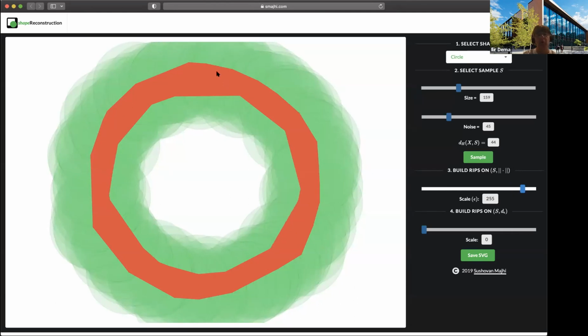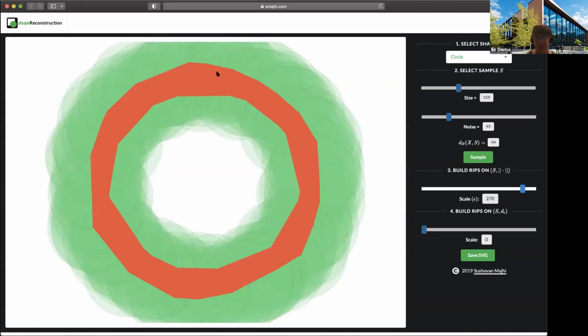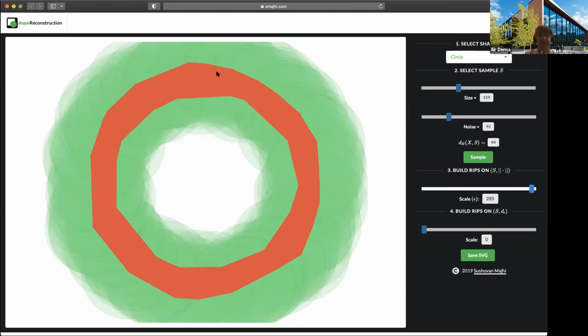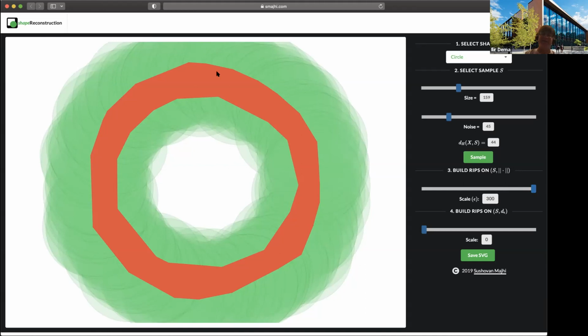So what is persistent homology in simple terms? That's not a mathematical definition, it's just a description. Basically, it is how long a topological feature persists as we keep connecting these simplices with one another.